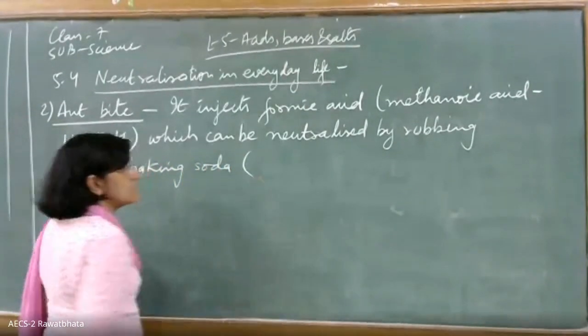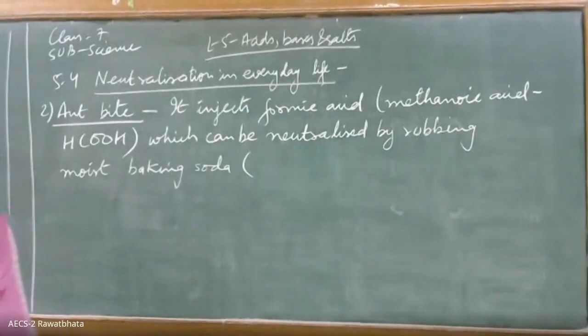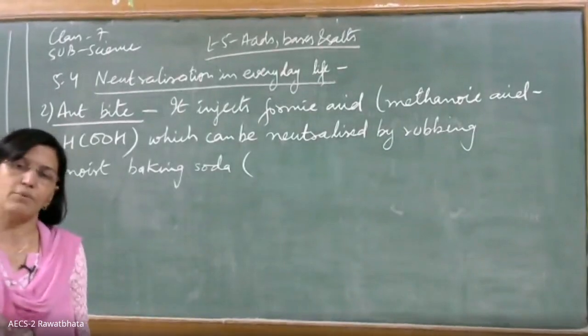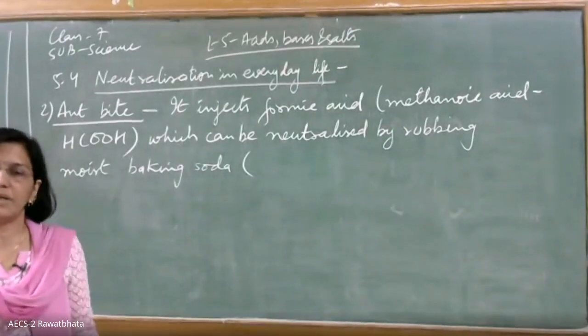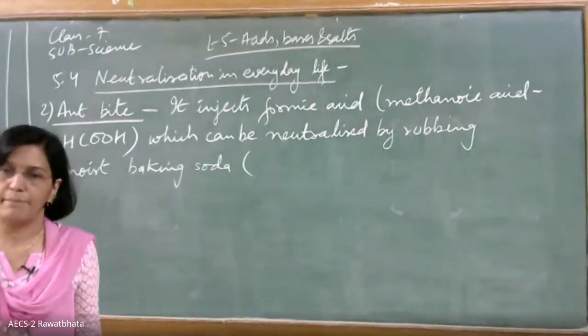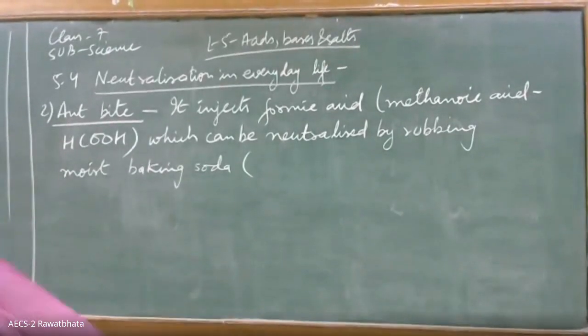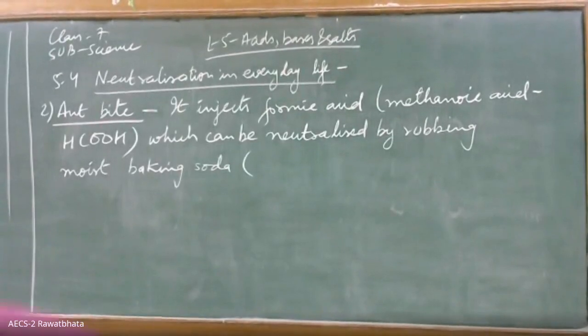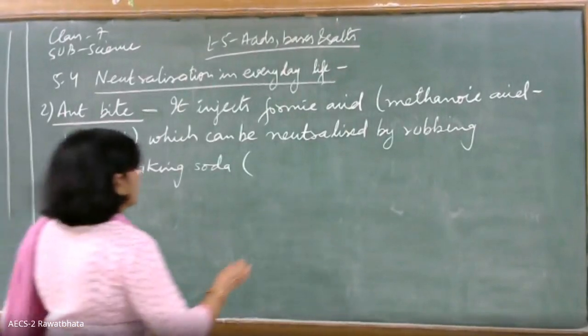Baking soda has two names, sodium hydrogen carbonate or sodium bicarbonate. It means all the way the same. So here, as per the book, it is written as sodium hydrogen carbonate.